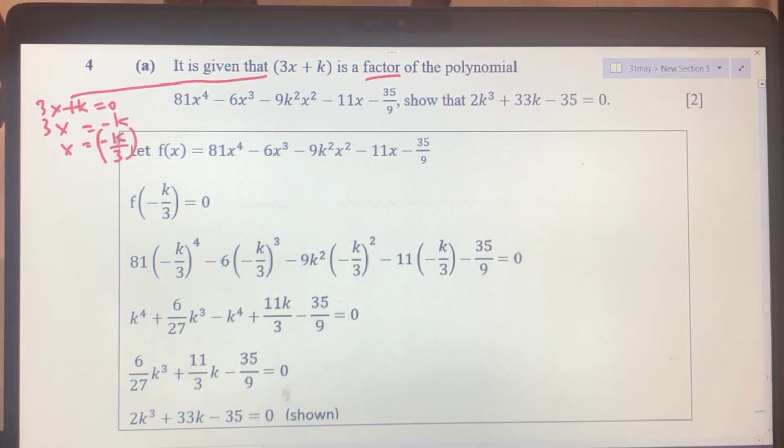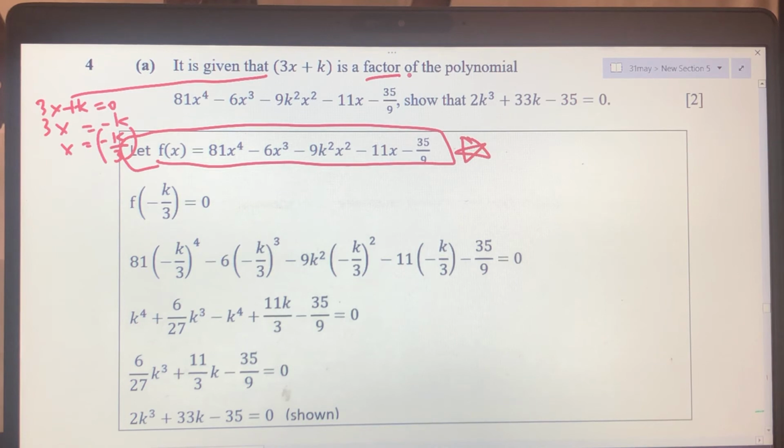Okay, now what do you do? Firstly, you cannot just happily start off and then substitute like that without showing this. You must write this. If you don't write this, the examiner won't know that you know that you must actually call it a certain name. You must call it a certain name before you apply your remainder factor theorem.